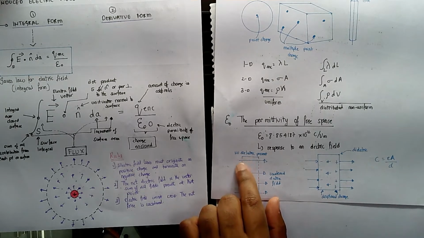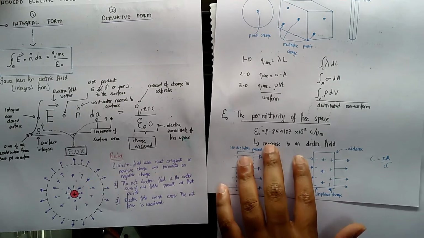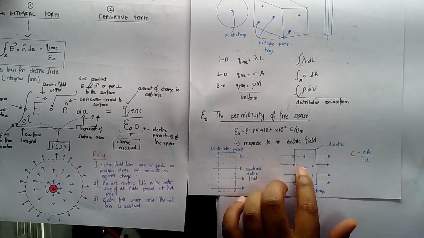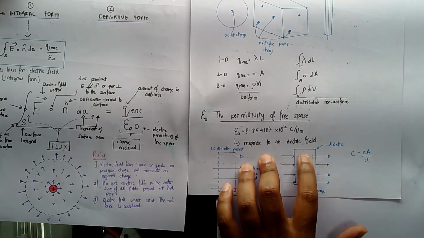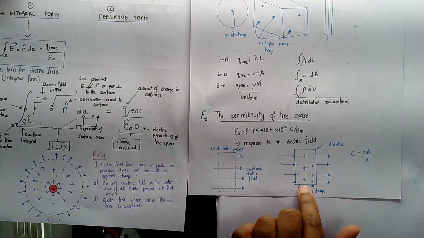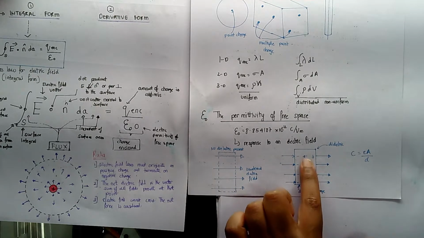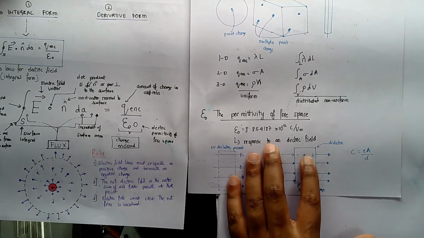So if you don't have any dielectric, then the electric field just flows through. But if you have a dielectric, the field can still flow through, but at the same time, it's going to limit the field from flowing through, first and foremost. The dielectric also has a few electrons that will align themselves, and it'll basically create a charge.